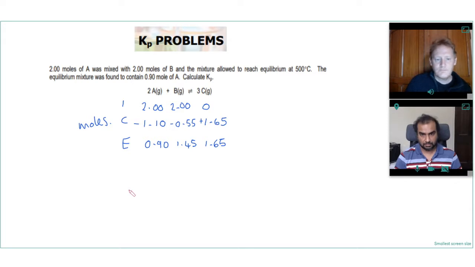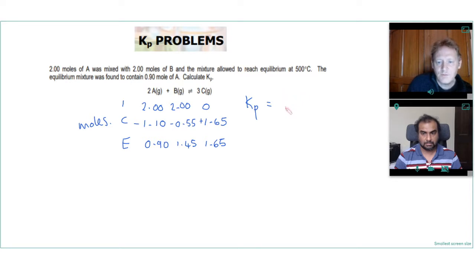Now, if we write our equation for Kp, it's products over reactants, but partial pressures of products over reactants.